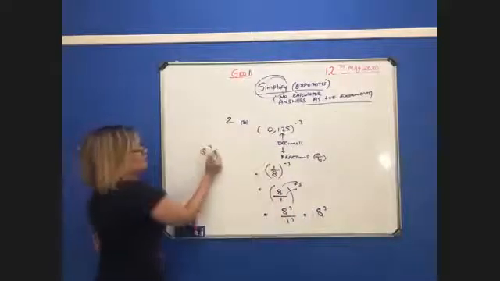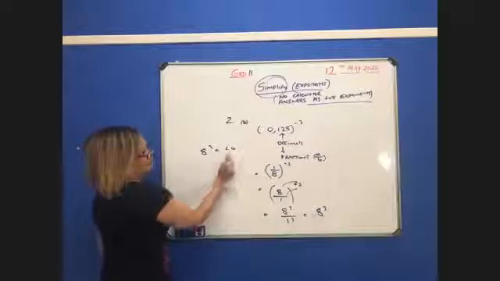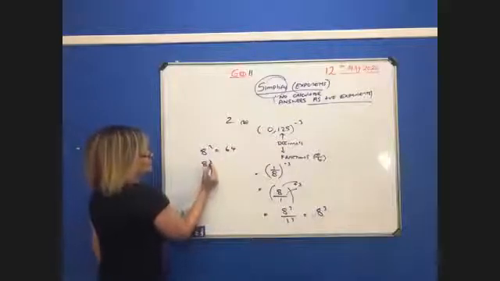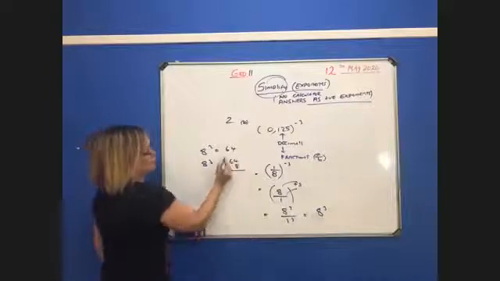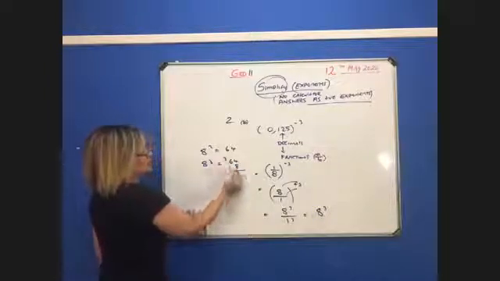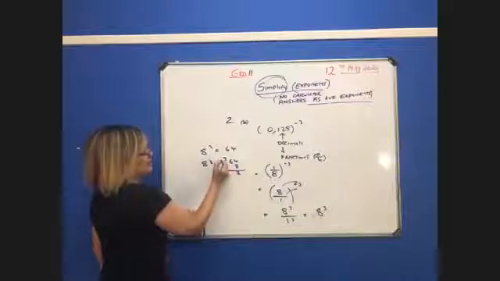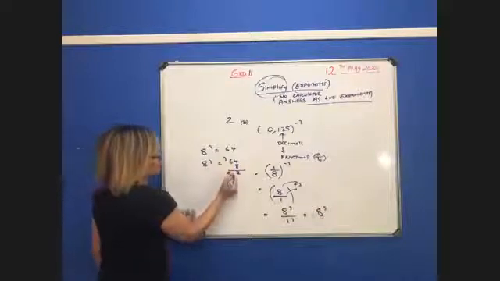Just so you know, 8 squared is 64. But 8 to the 3 means 64 times another 8. So 8 fours are 32, 6 8s are 48, 49, 50, 51.